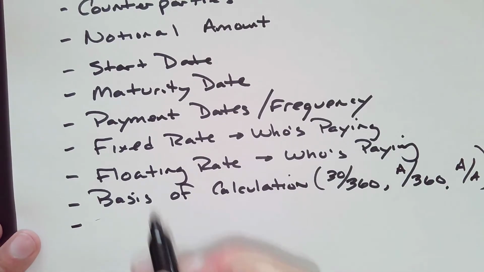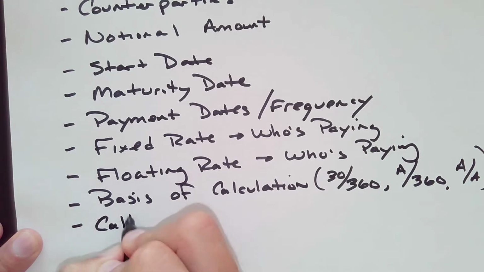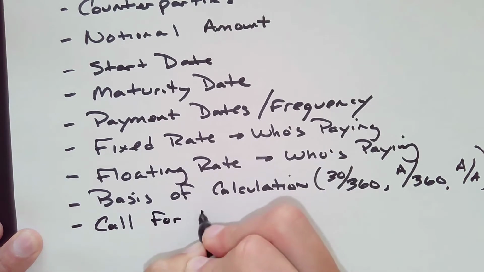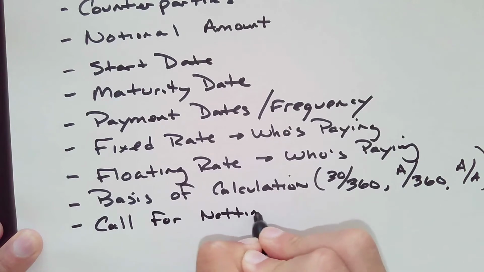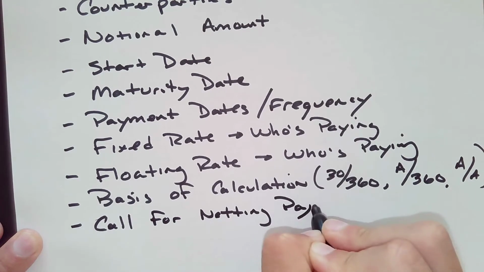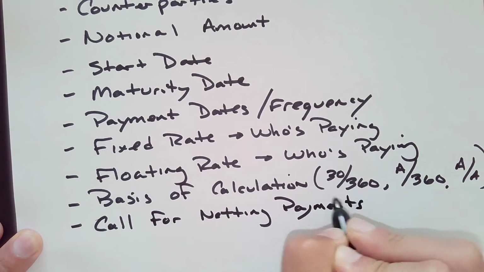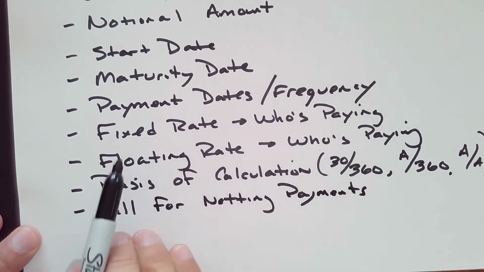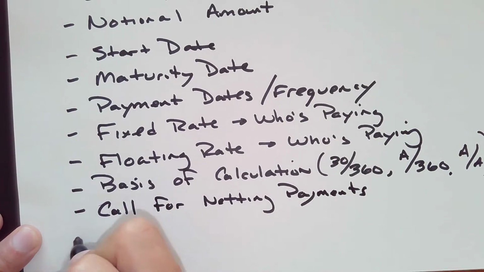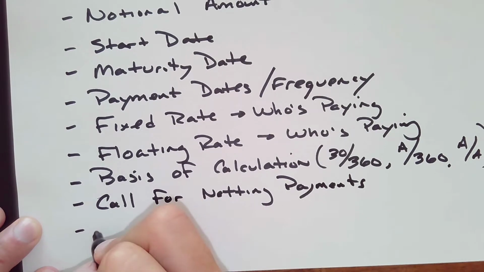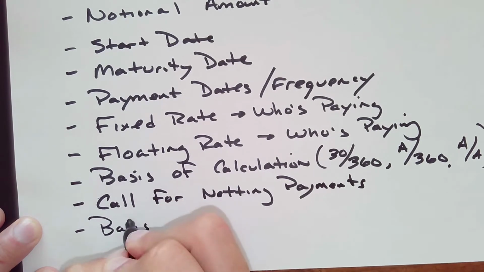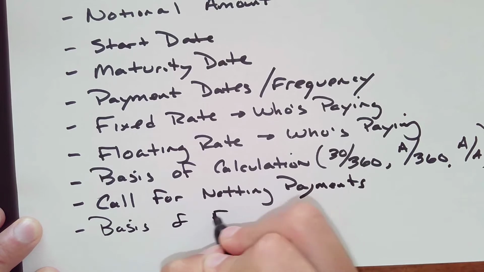Does the contract call for netting? And then on the floating rate, what is the market basis? What is the basis of the floating rate?